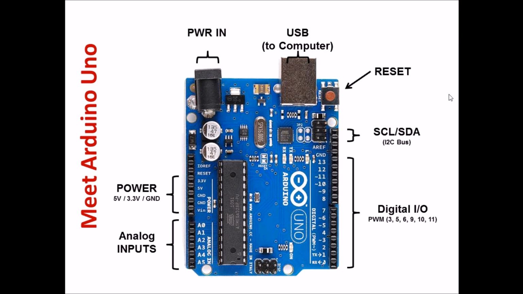So to give you more details, here are the pins. This side is the digital pin side, where you have pin numbers starting from 0 up to 13, and then the ground pin. And on the other side you have the analog input pins plus the power pins like different voltages, 5, 3.3 and ground.